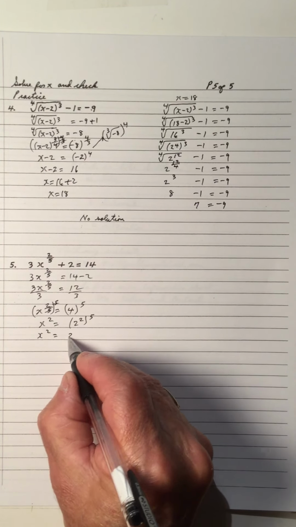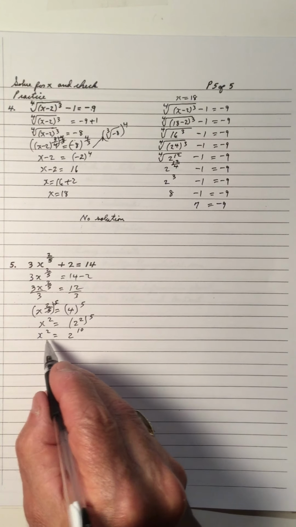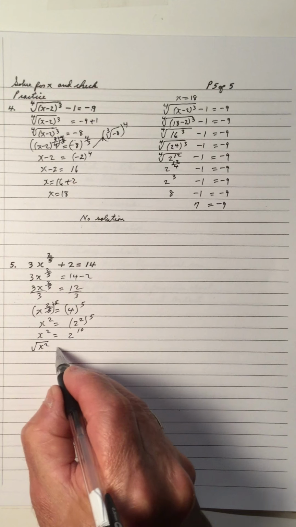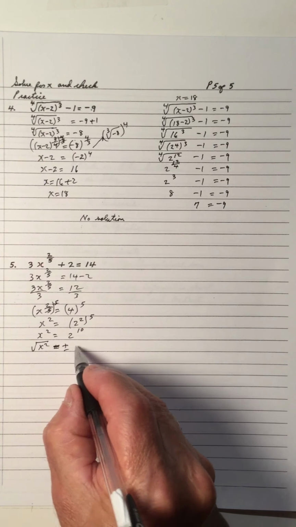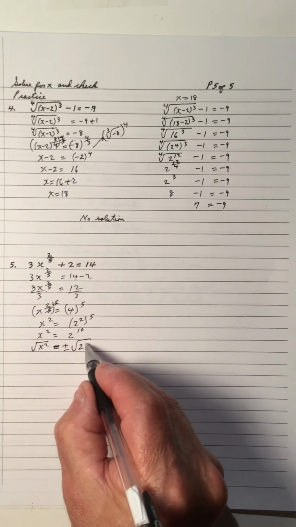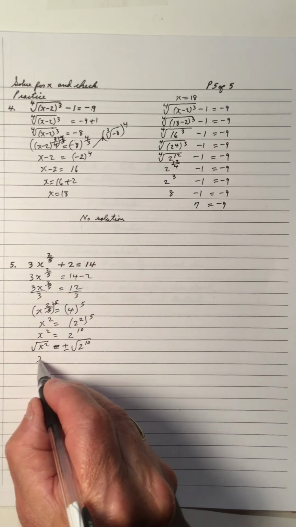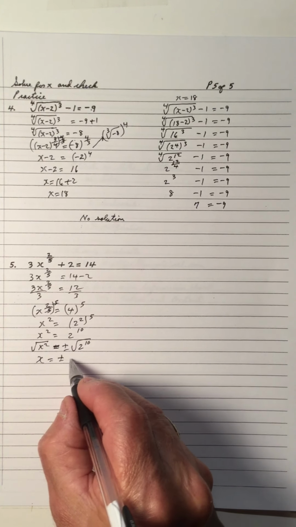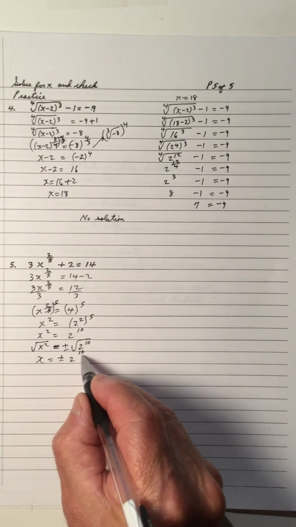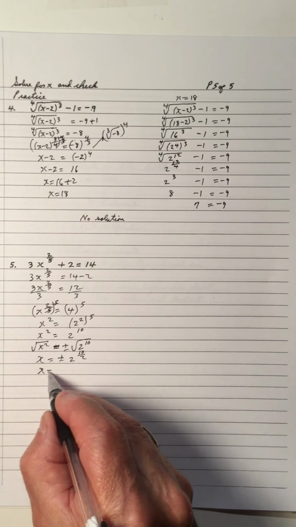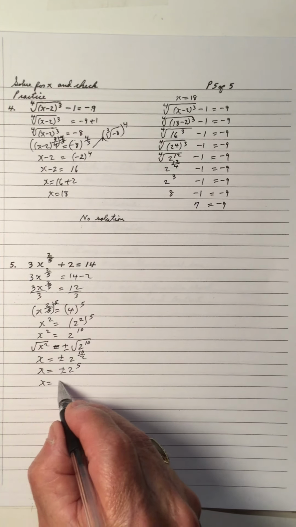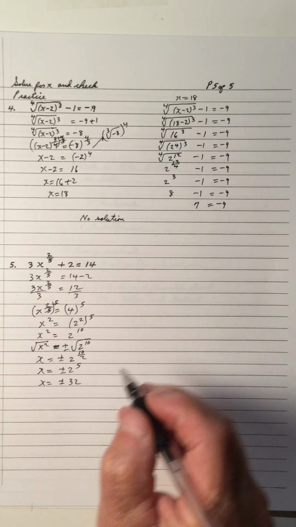X squared is 2 to the 10. And because I have a square, I will do the square root: x equals plus or minus the square root of 2 to the 10. So x equals plus or minus 2 to the 5. X equals plus or minus 32.